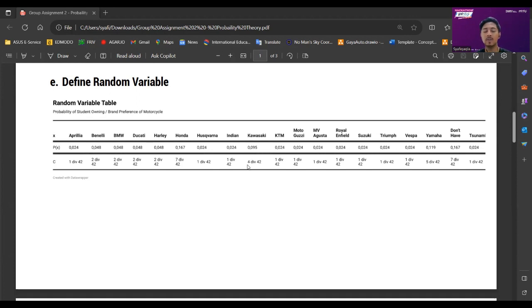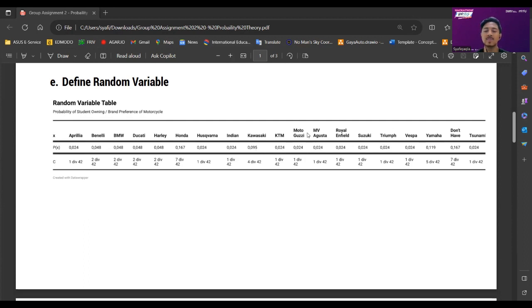So 4 divided by 42 is equal to 0.0795 for the probability of the Kawasaki event. For KTM it's the same, just one respondent.